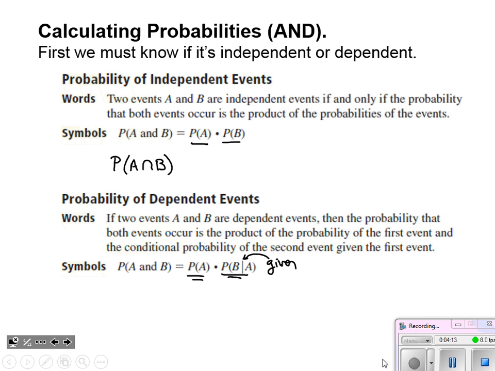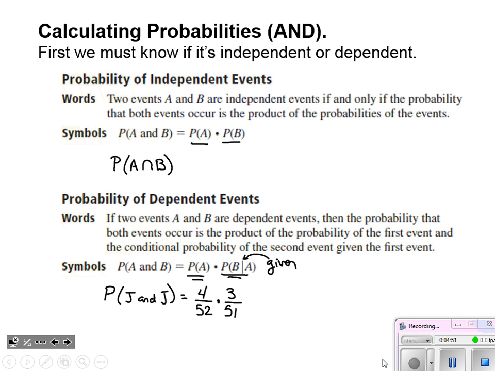So let's run through a quick sample and say, what's the probability of drawing a jack out of a deck of cards if I don't replace it, and then drawing a second jack out of the deck afterwards? So the probability of jack and jack would be the probability of drawing a single jack out, which is 4 jacks out of 52 possible cards, and then after I've taken that 1 card out, now there are only 3 jacks remaining, and there are only 51 cards left in the deck.